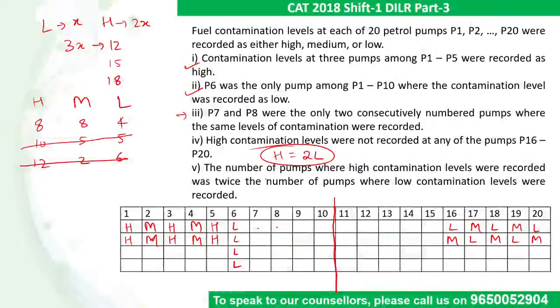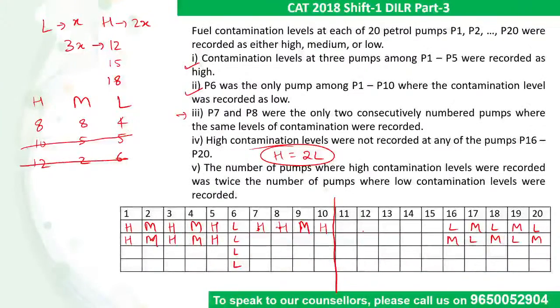In order to have 8 high, if both of them are medium, then the ninth will be high. Basically, if it is high, it will be high, and if it is medium, it will be medium. I can have only 4 high and I cannot have 4 high here, so this will not be medium, it will basically be high.